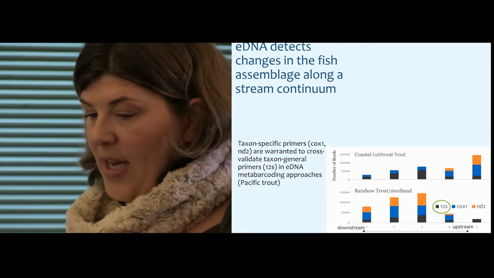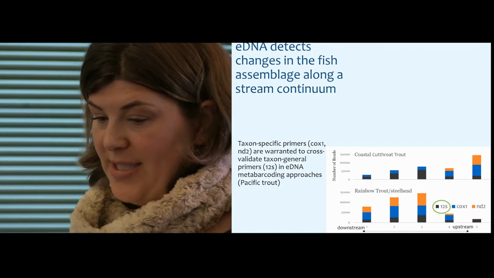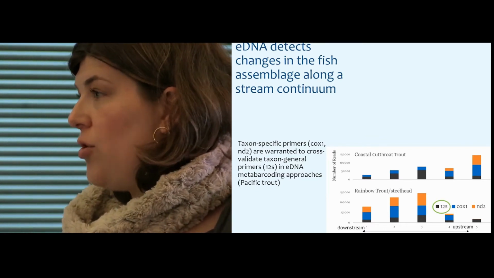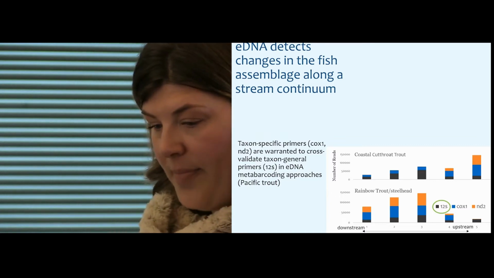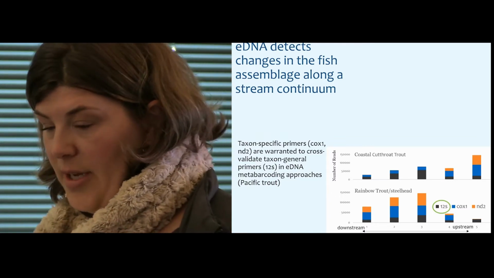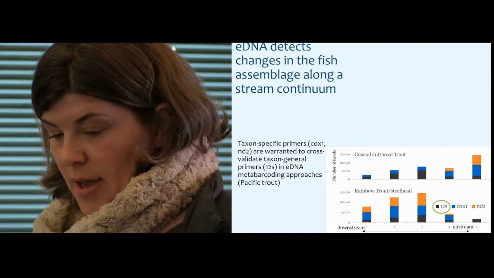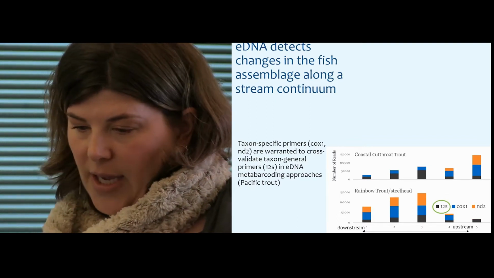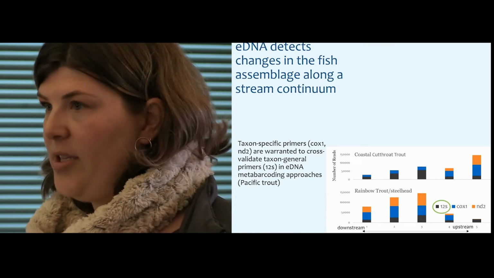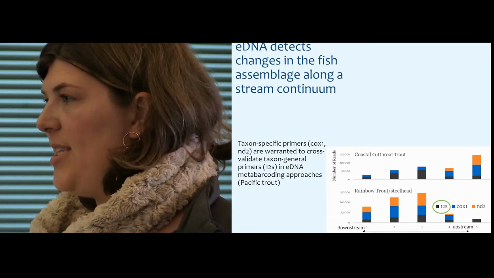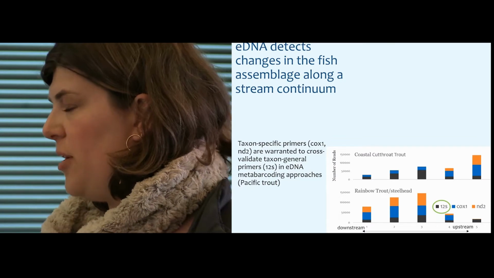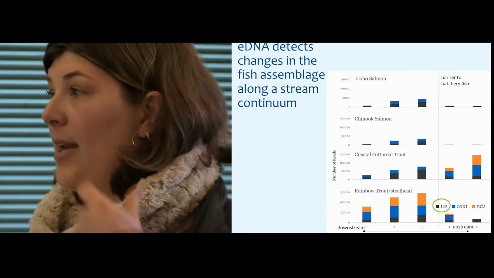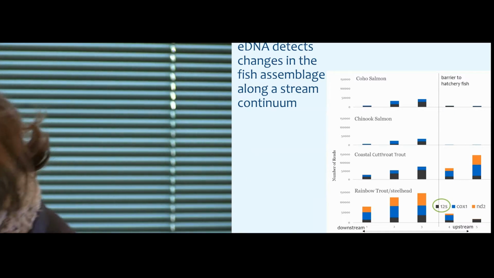Based on looking at our Pacific trout here, we see that taxon-specific primers are warranted to cross-validate the taxon-general primers used in environmental DNA. Up until this point, they haven't actually been put together in a study, but most of the studies that have done these metabarcodes say we need these taxon-specific primers to get at those rare sequences, and what we show here is that it works and it is necessary.